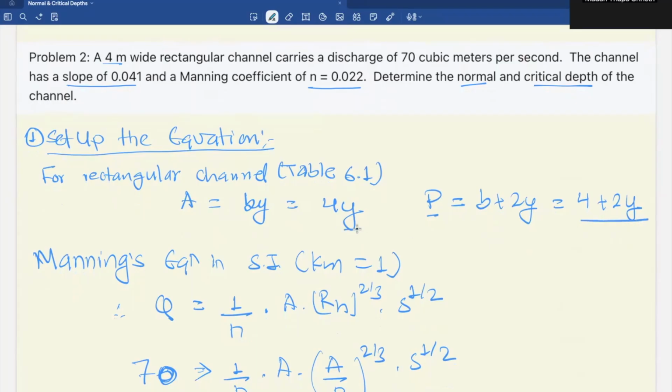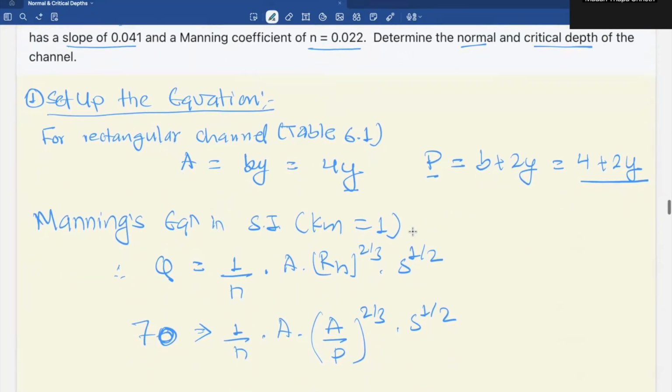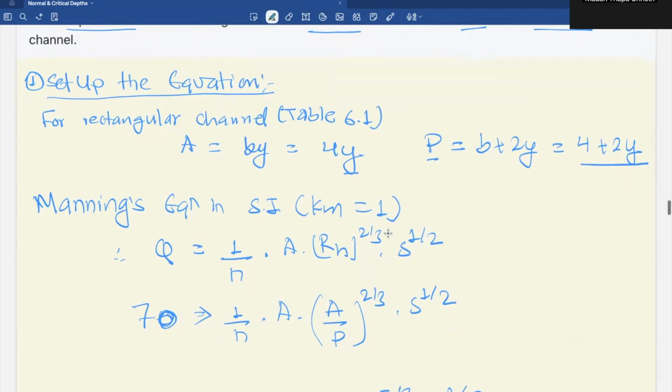Since y is normal depth, we don't know that, and from Manning equation, since all the units are given in SI units, we will be using km equal to 1. So q will be equal to 1 by n times a times hydraulic radius to the power 2 by 3 times slope 1 by 2.